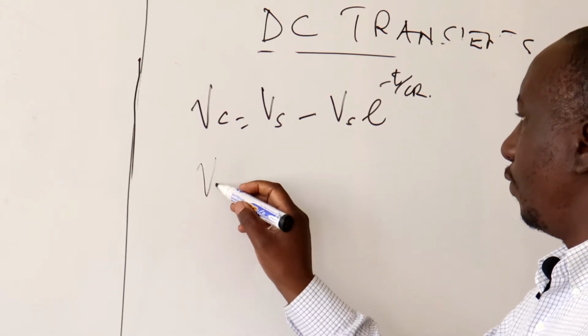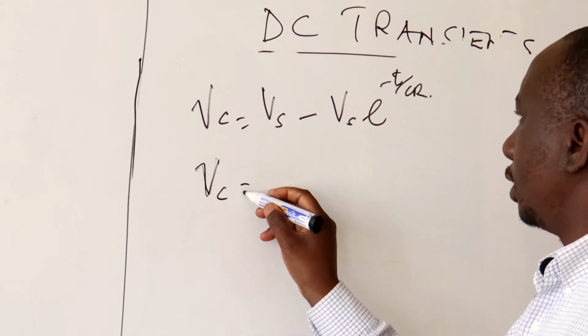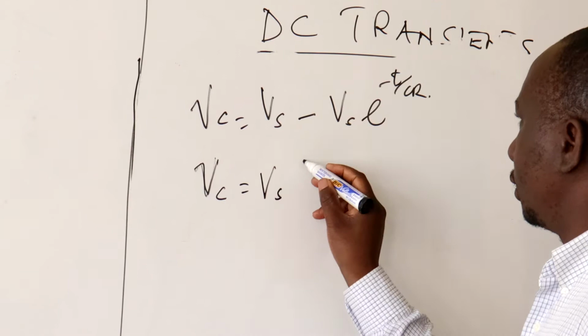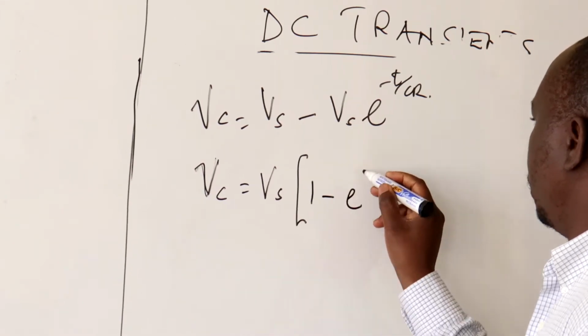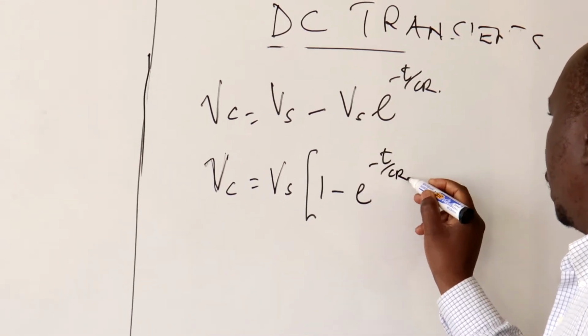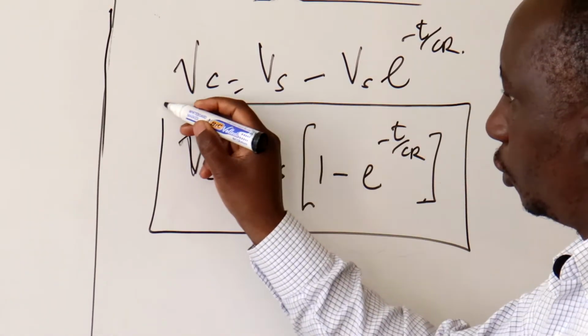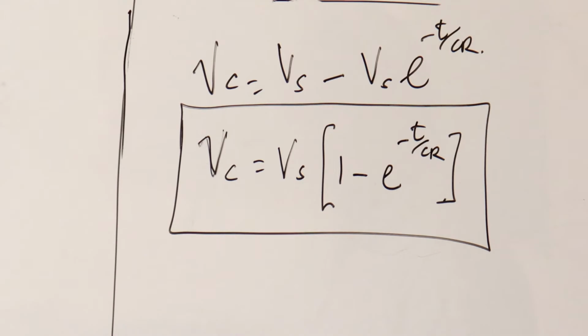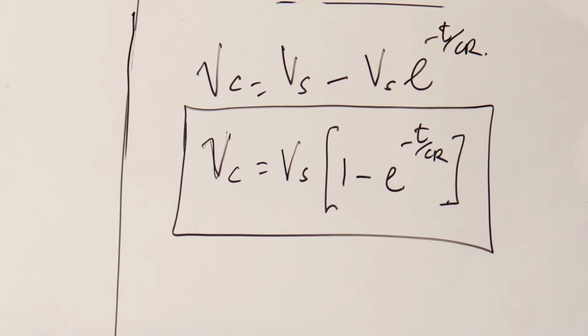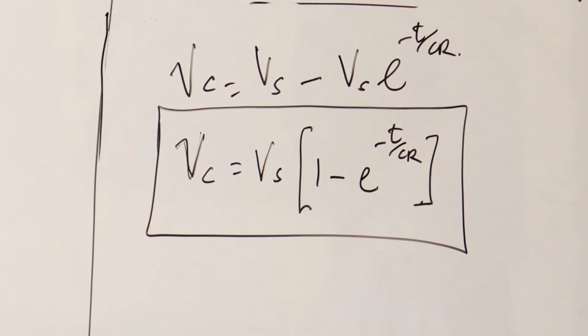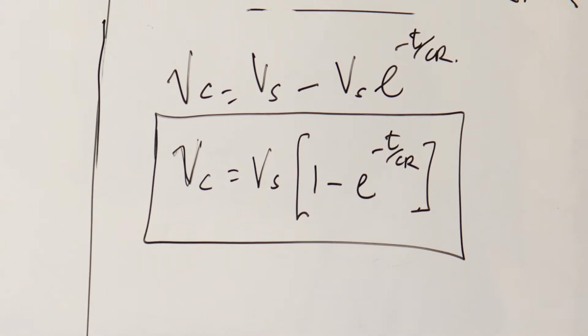That means Vc is supposed to be Vs into 1 minus e to the minus t over CR. So this is the equation meant for charging the capacitor. That's the equation we are supposed to arrive at and derive.